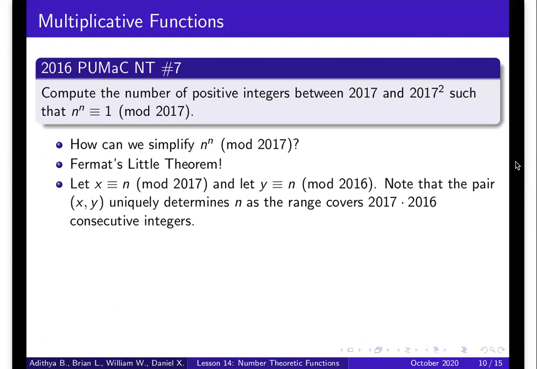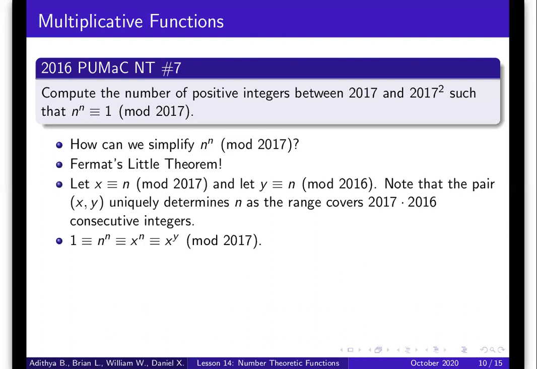So now our expression can be simplified first to x to the n and then to x to the y mod 2017. So now we have that x to the y is 1 mod 2017. And another thing to note here is that the range that we were given is essentially 2017 times 2016 consecutive integers.